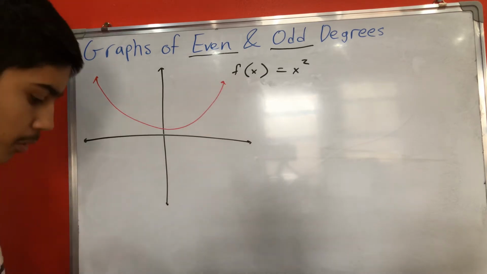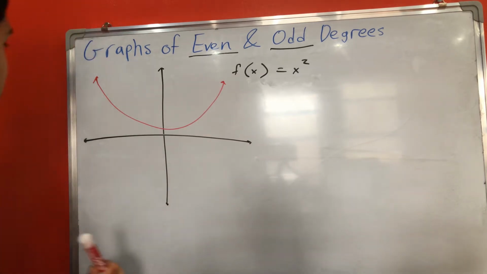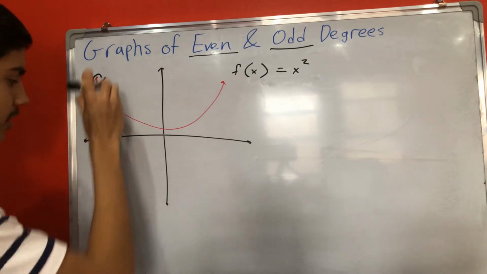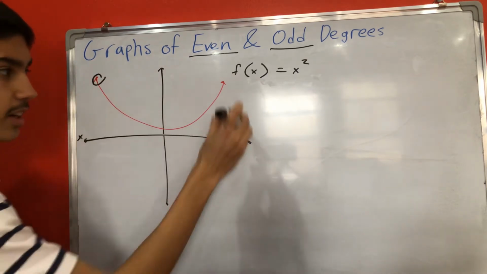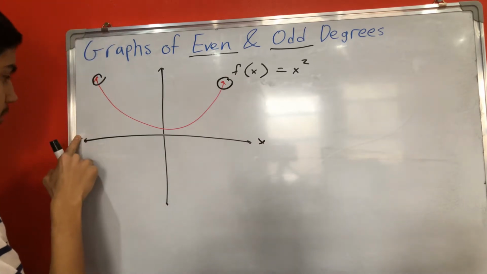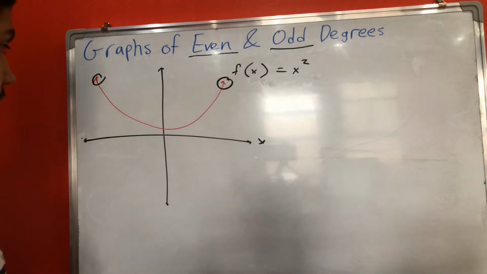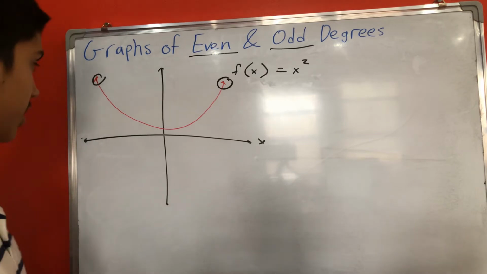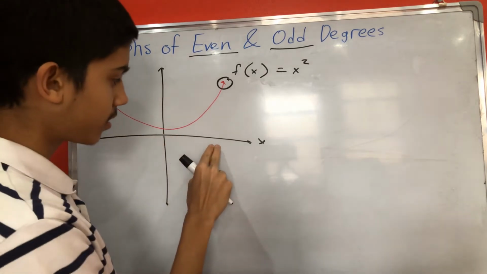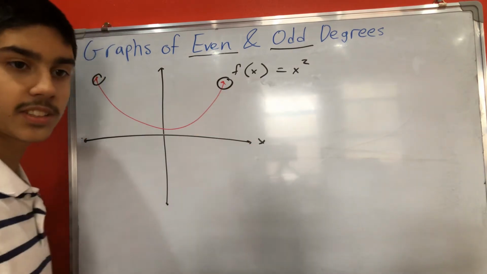But the more important thing is that it started above the x-axis and it ended above the x-axis. This is the x-axis, and that's the important thing about all even degrees. They're going to begin above the x-axis and they're going to end above the x-axis.